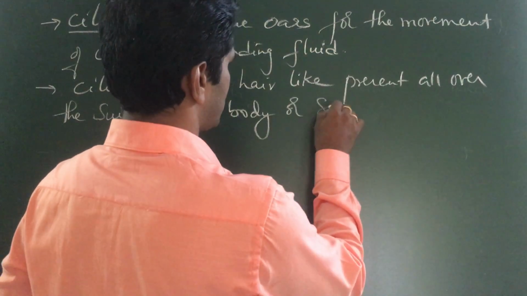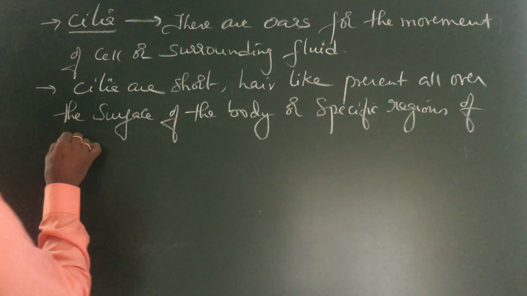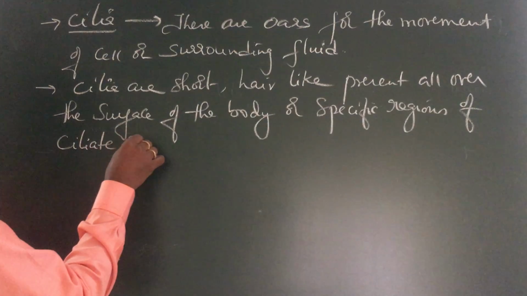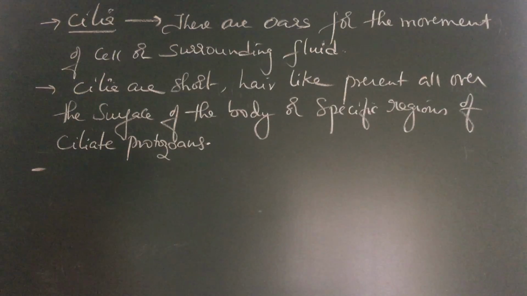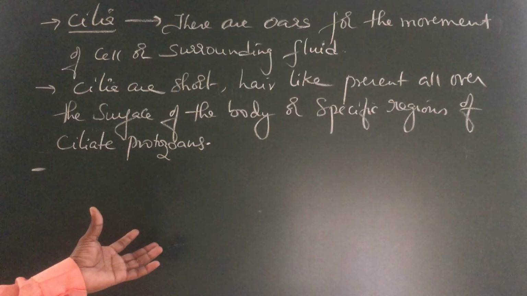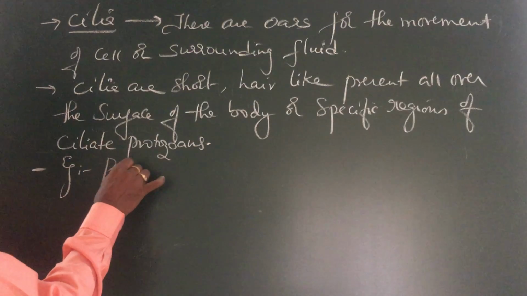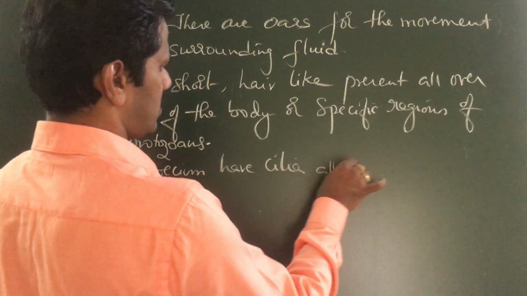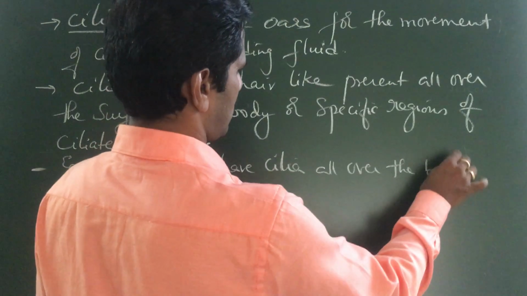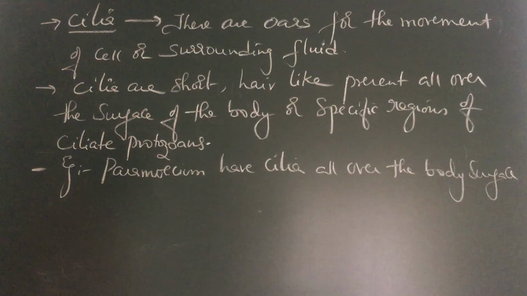Paramecium has cilia all over the body surface.